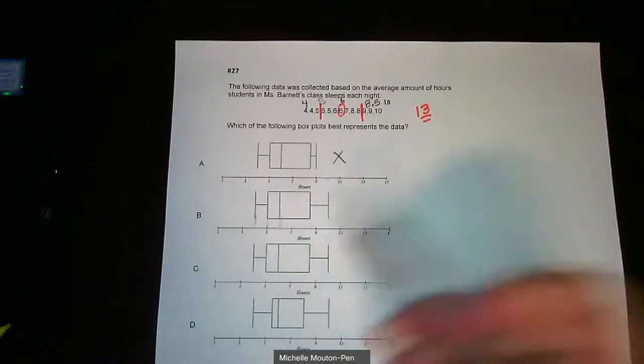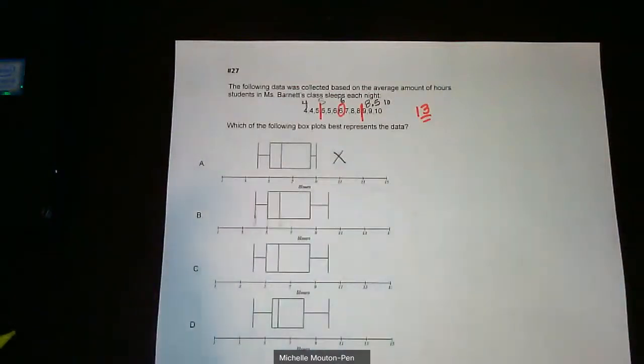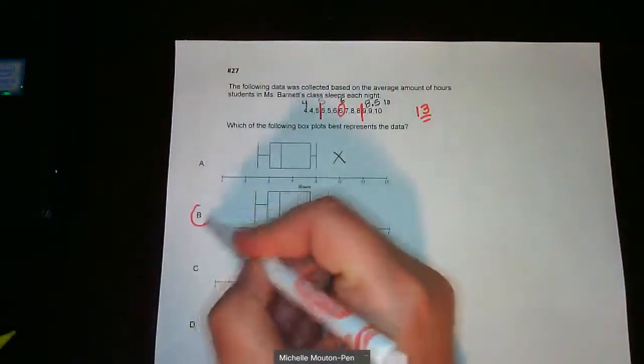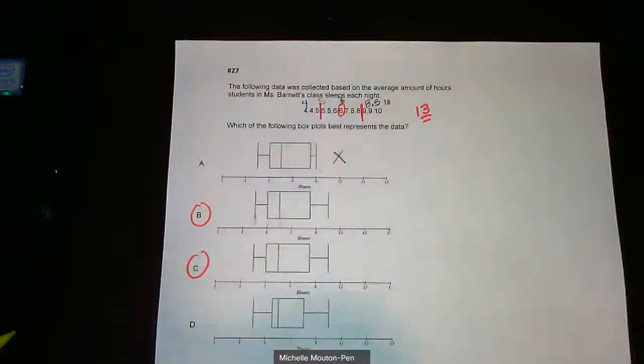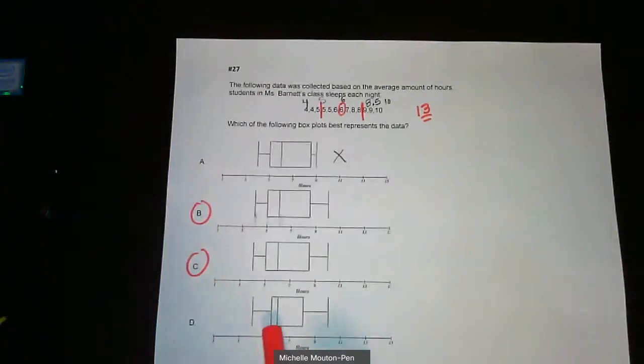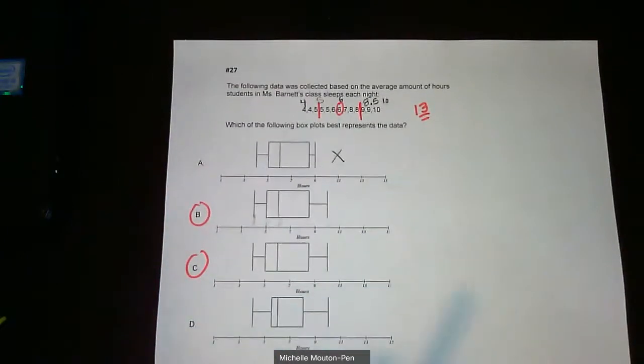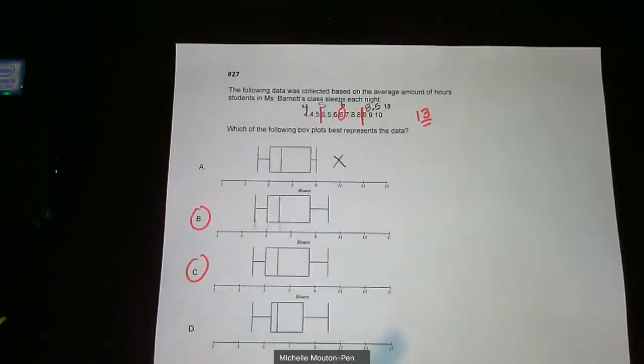And then this one is 10. So it looks like for this one, if I were the one giving you this question, you could have answered B or C, because that would have been the correct answer. If you look at this one, the lower quartile they have is greater than 5, so that automatically takes that one out. Okay, so for this one, B or C would be the right answer.